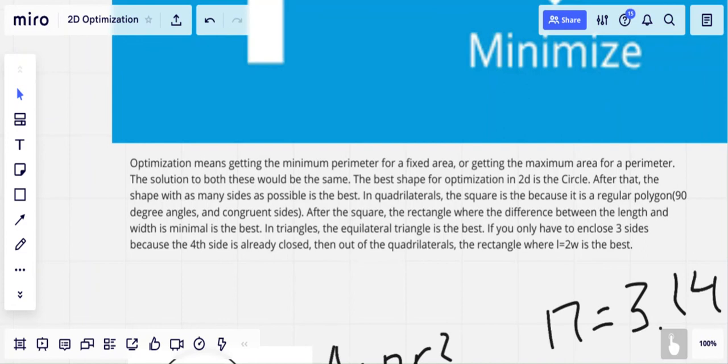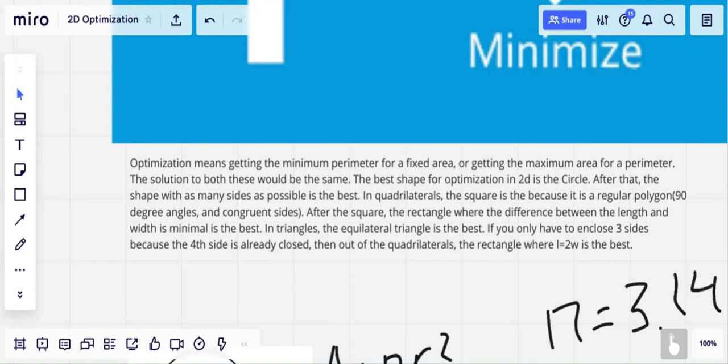And after the square, you want the difference between the length and the width to be minimum. So the ratio of the length and the width should be as close together as possible, and that would be better than having them farther apart.